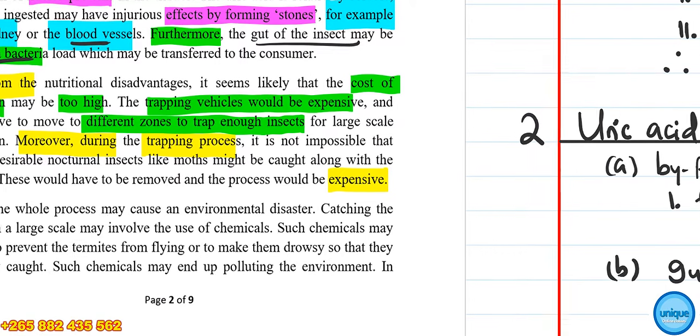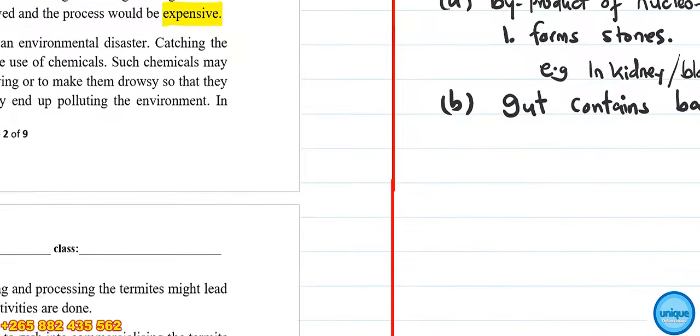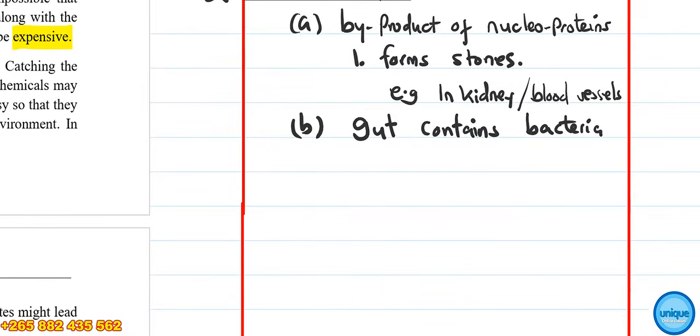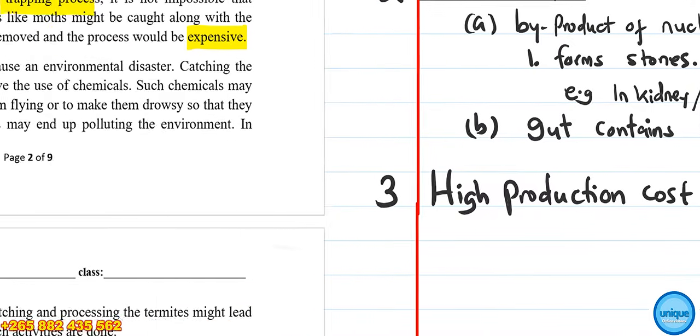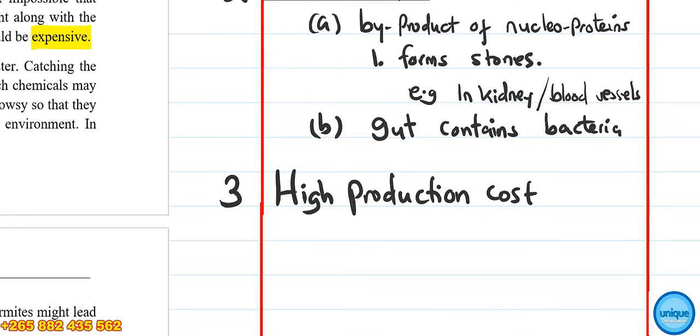The main point number 3, let me write here. Remember to skip a line. So we write high production cost. You can simply write production cost, but we only need the key words, so we write high production cost.